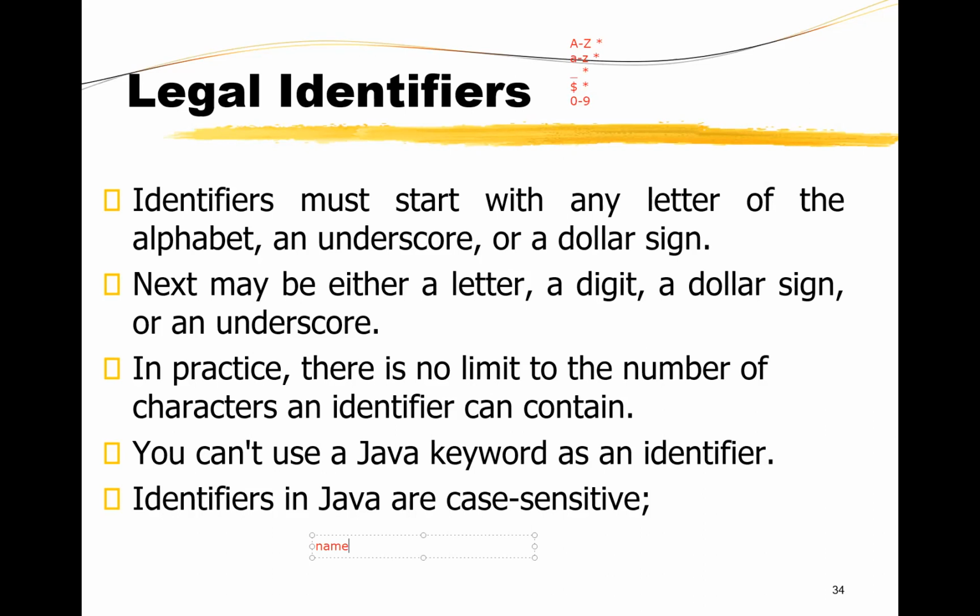The name starts with N, and the rest are A, M, E. According to these rules, is this valid? Yes, it is valid. And name with a capital letter and this name are two different identifiers. Why? Because it is case sensitive.